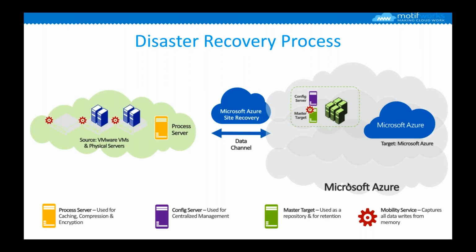The thing to remember is that if you have a heavy load, you might need a dedicated master target installed within your environment as well. Typically, the process server and master target are something you can install as part of additional components within your configuration server. But again, if the traffic is heavy, if the load is heavy, you would need a dedicated server.